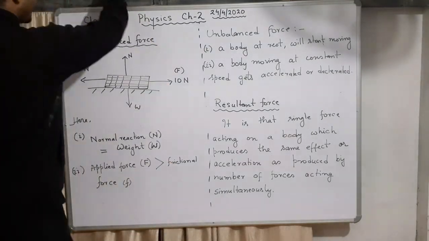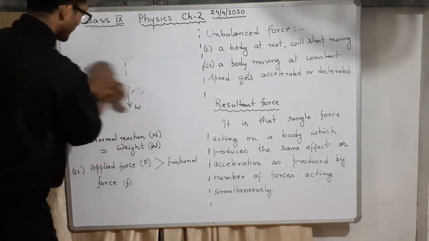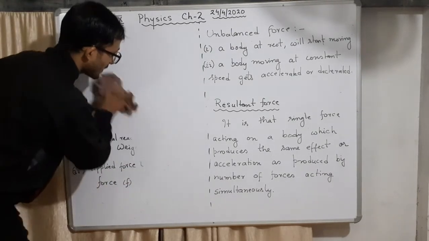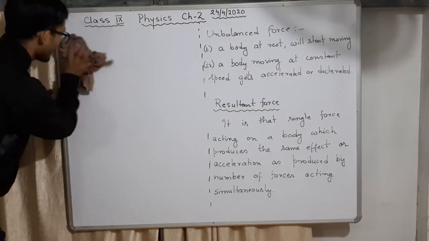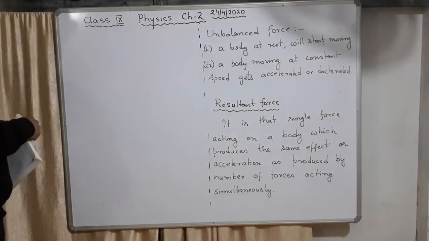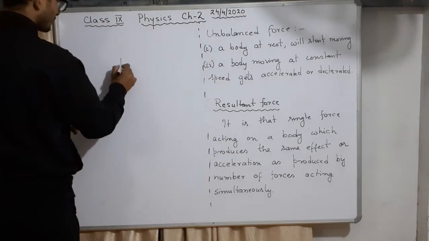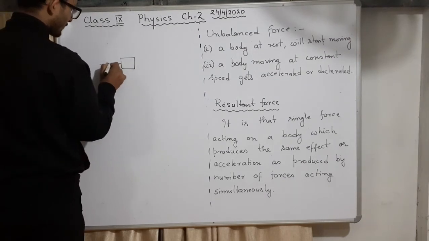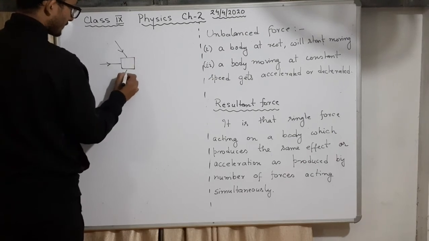One object, a body, is there. What is the resultant force? Instead of applying many forces, 1, 2, 3, 4, if you have only one force and it produces the same effect, that is called the resultant force. Suppose this object is here, and I am applying one force this way, this way, this way.